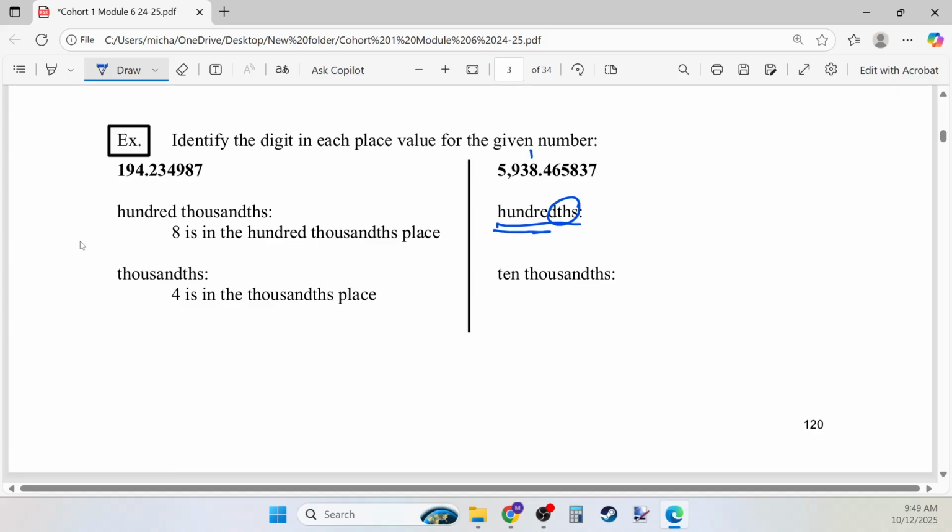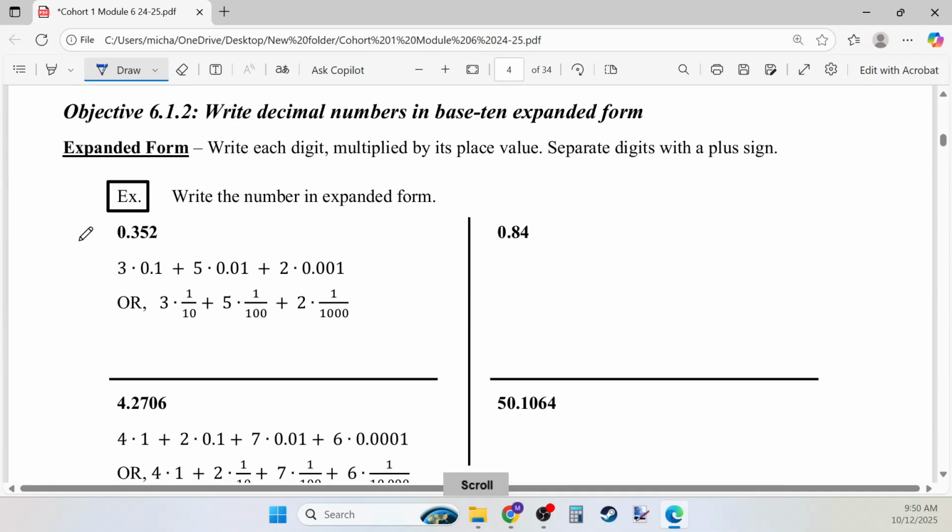So I start off at the ones, these are the tenths, these are the hundredths. The 6 is in the hundredths place. Same thing with ten-thousandths. You're going to look at this number and find out where that position is. It's going to be smaller than 1 because it says THS, and you can do that one on your own.